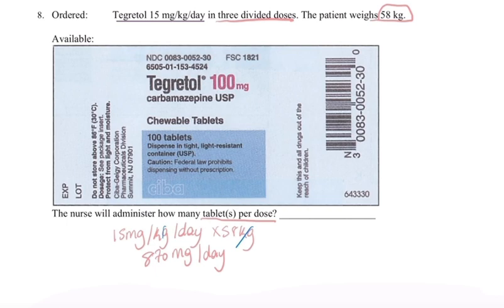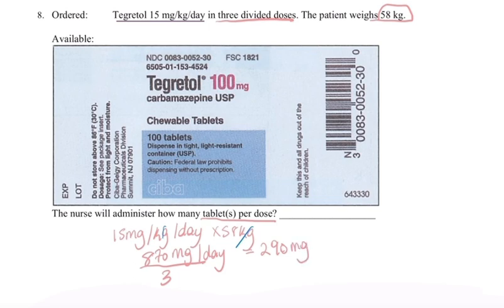Now the question asks how much would be given per dose. So in order to find how much tablet will be given per dose, first we have to get the milligram in doses. Because it's given in 3 divided doses for the day, we're gonna say 870 divided by 3, and we're gonna end up with 290 milligram per dose.